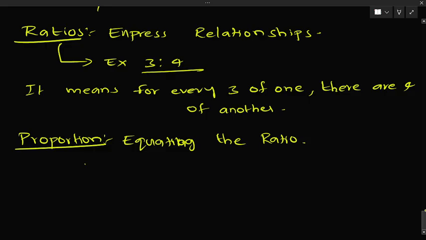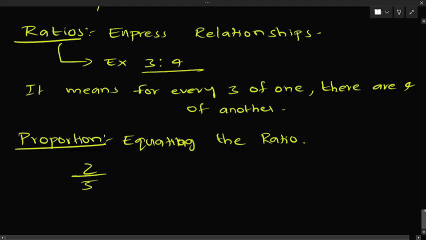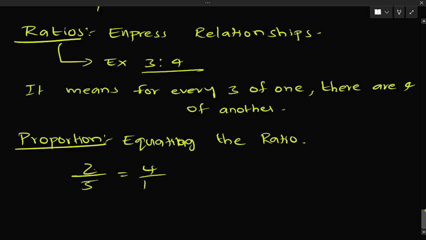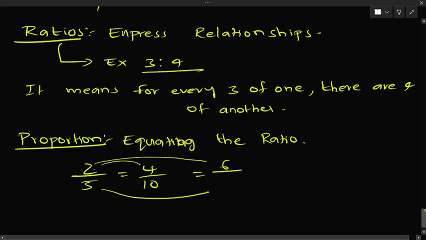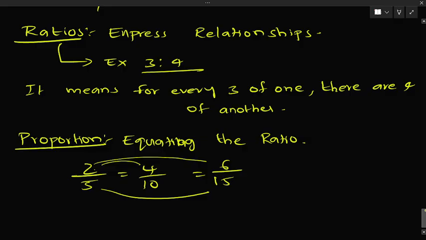For example, 2 by 5. How can we write this 2 by 5? Here 2 multiples exist in the numerator, and 5 multiples in the denominator. 2 twos are 4, 2 threes are 6, then in the denominator 5 twos are 10, 5 threes are 15. This gives the same ratio, but here we are equating those ratios. This is known as proportion.